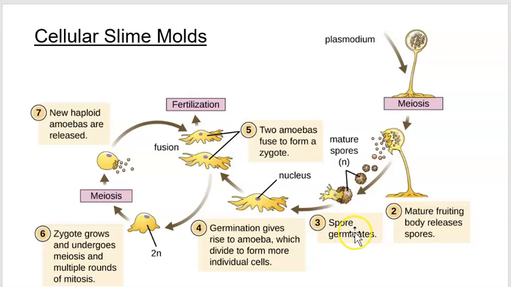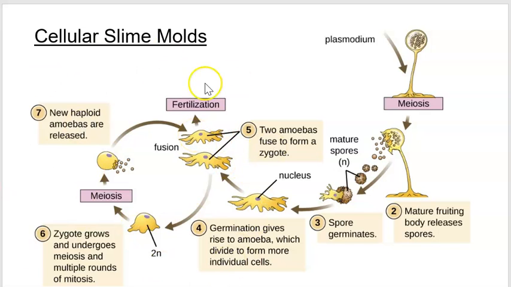And when we look at this process right here, they are going to release the spores, and your amoeba is going to crawl out, and the amoeba can blob around and eat these little microscopic forms of life that is out there. And you can see right here that the amoeba can go through the process of fusing together, and they can become diploid cells, and they can go back through meiosis to release these haploid cells.